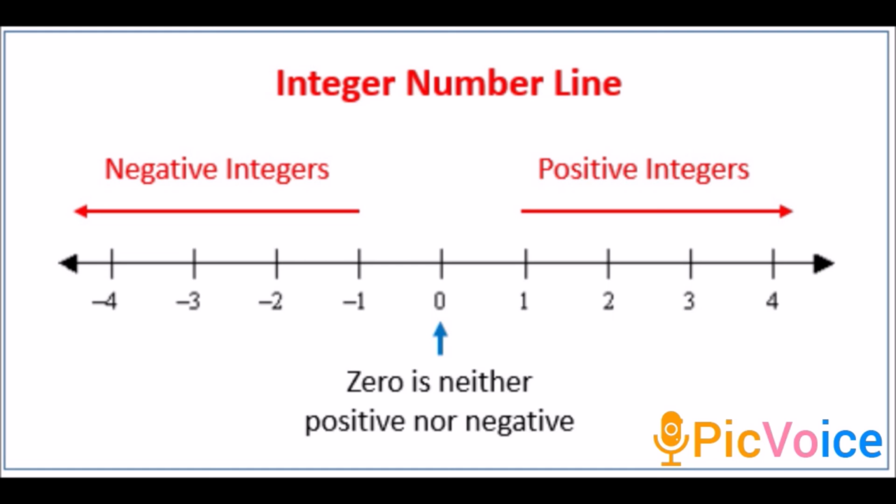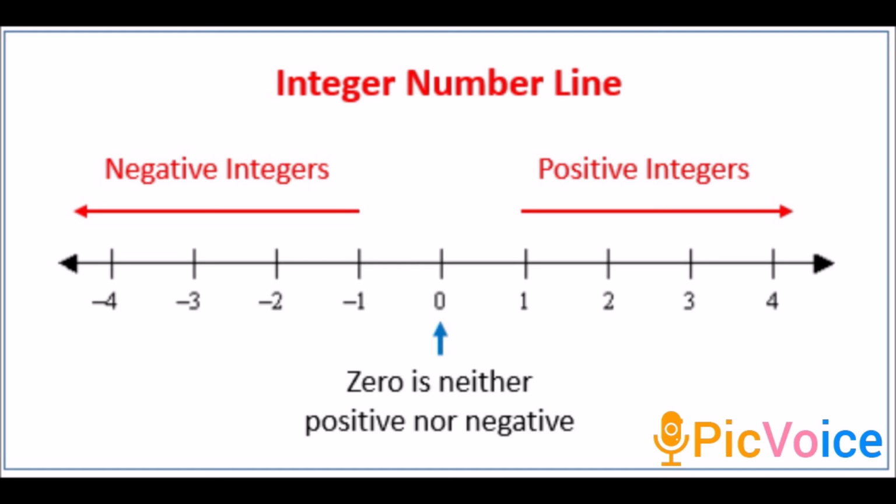It means integers contain negative integers, 0 and positive integers. Also we can explain integers as containing negative numbers, 0 and positive numbers. Also we can explain integers as containing negative integers and whole numbers. Okay. And note, children, 0 is neither positive nor negative.